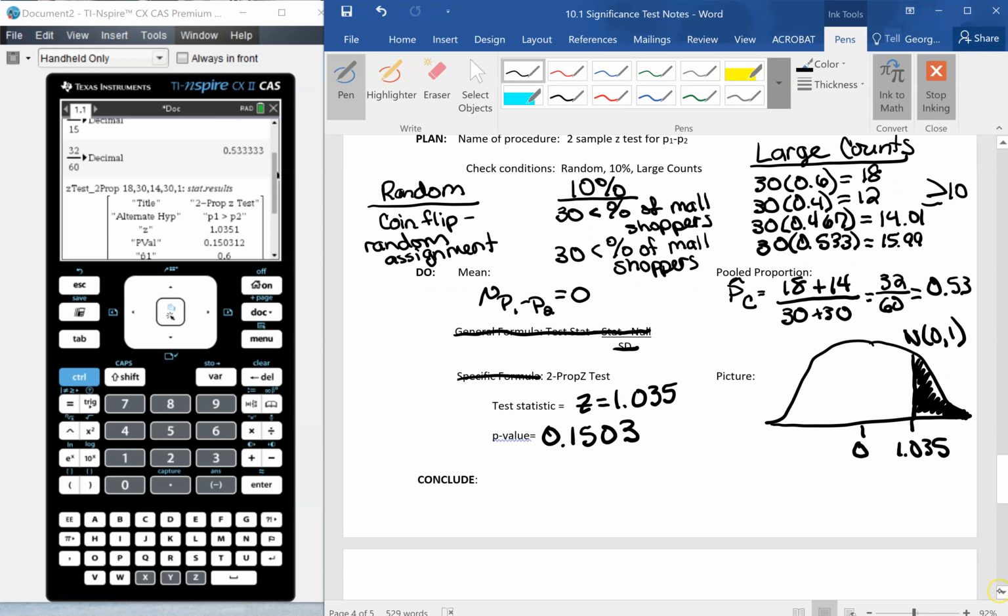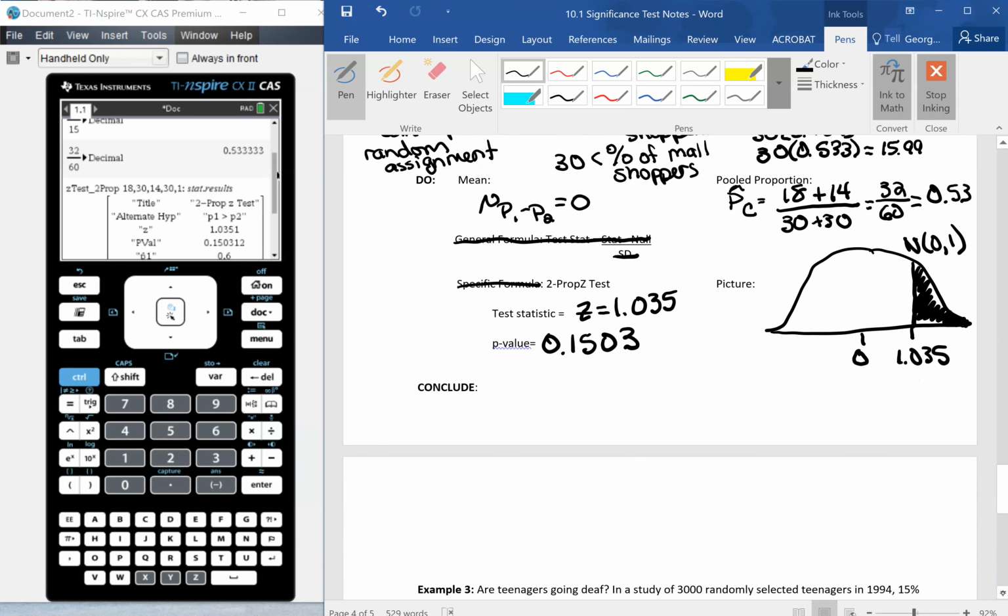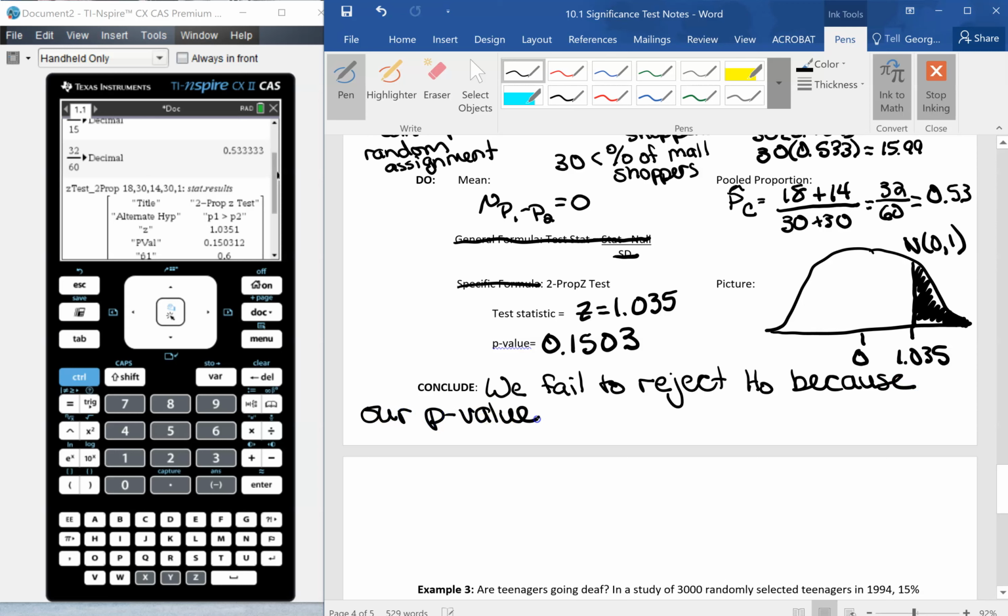Since that 0.15 is larger than 0.05, we fail to reject. And that means we do not have convincing evidence.